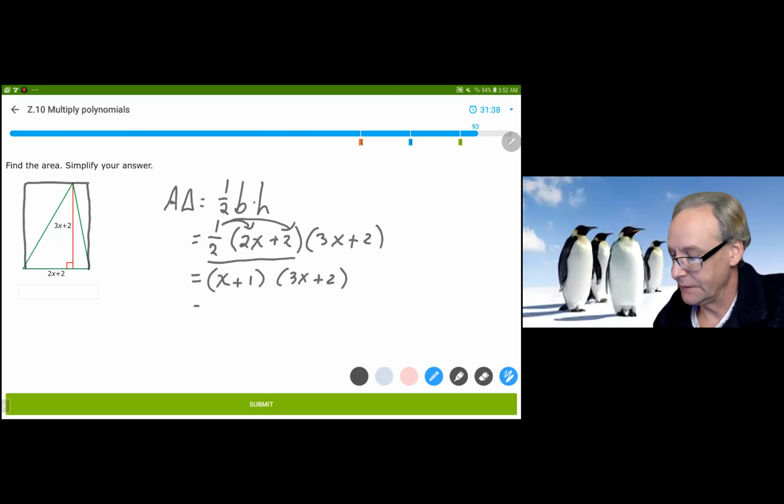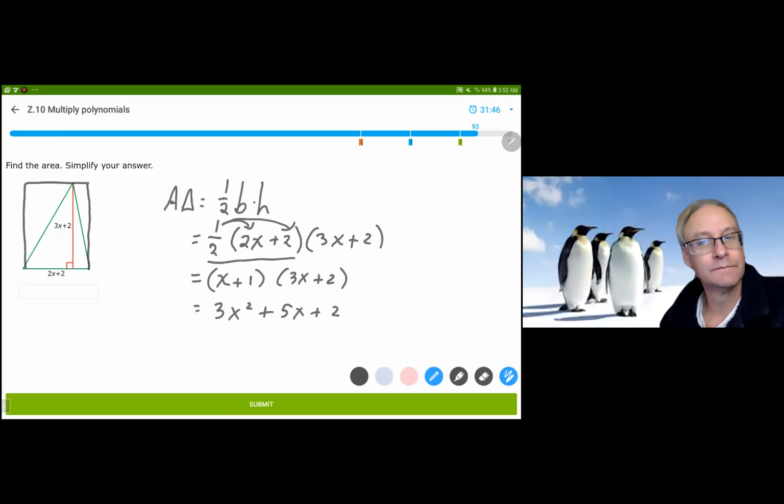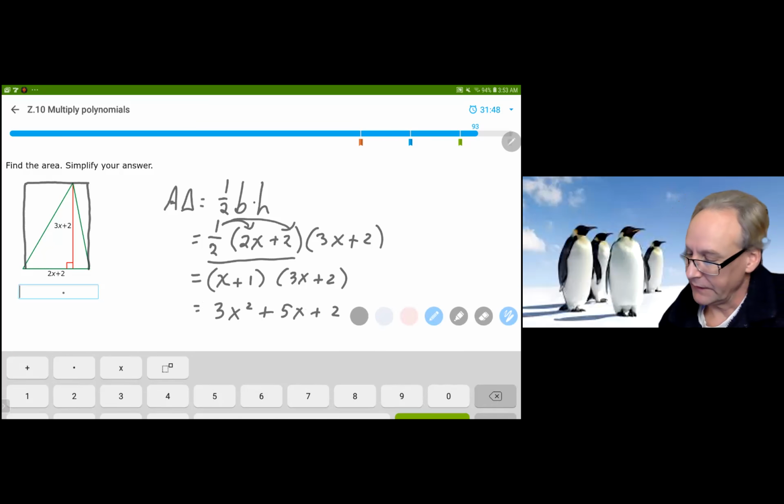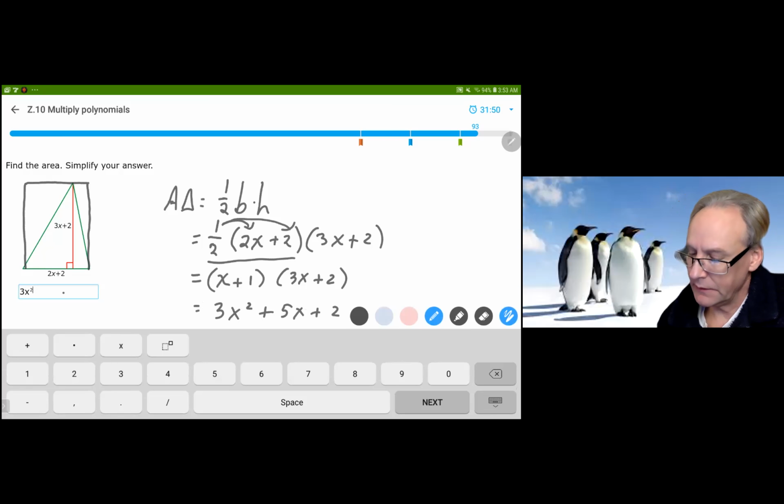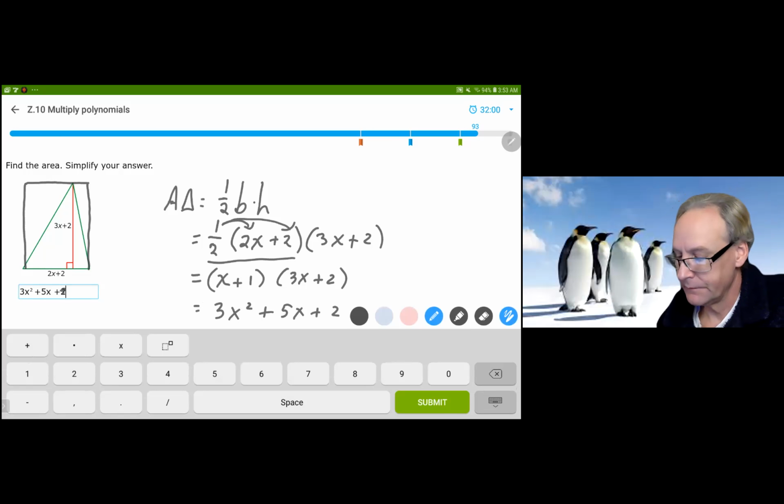And of course, now I can multiply them and I get my 3x squared. 3x and 2x is 5x plus 2. Hopefully all that's clear. 3x squared, plus 5x in the middle, plus 2 at the end.